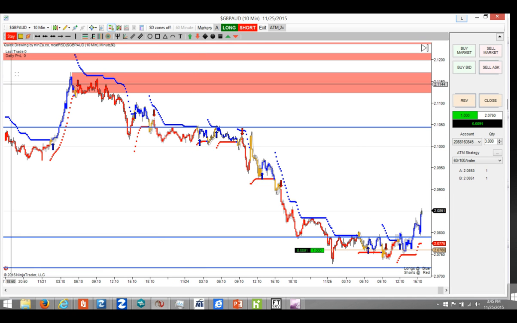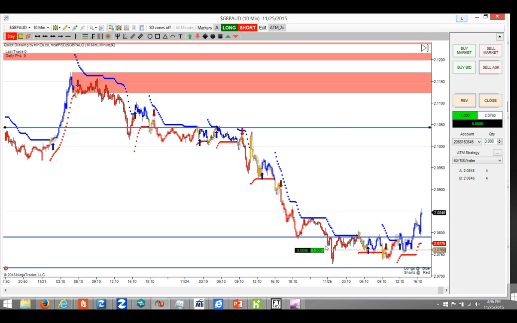Let me take this global crosshair off. The next zone is a minimum at 2.1150, but I'm expecting to get some resistance up here at the 2.1050, basically 1050.